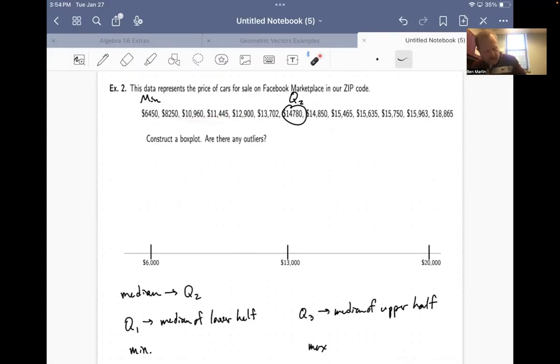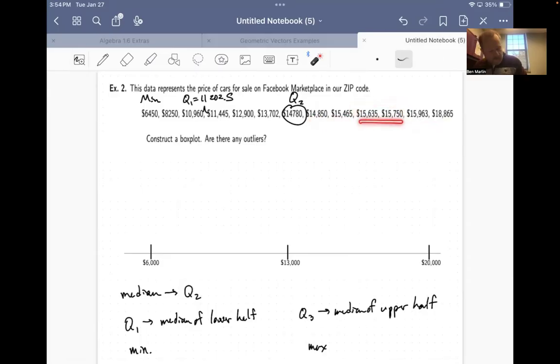So what is that? 10,960 plus 11,445, and divide that by 2, and you get 11,202.5. So I'm going to write this here. Q1 equals 11,202.5. Okay. And then likewise, when we're looking up here at the upper half, we'll say 1, 2, 3, and then we'll put those 2 in there.